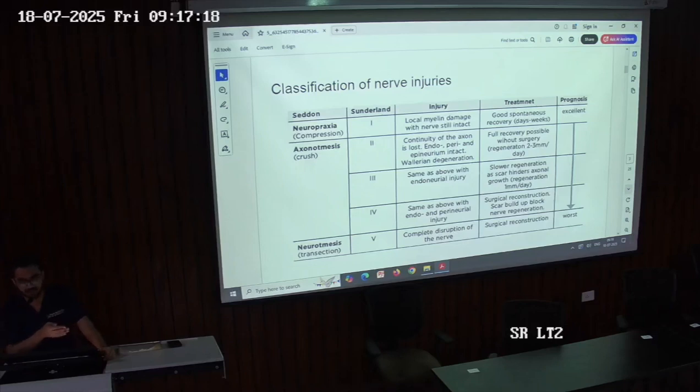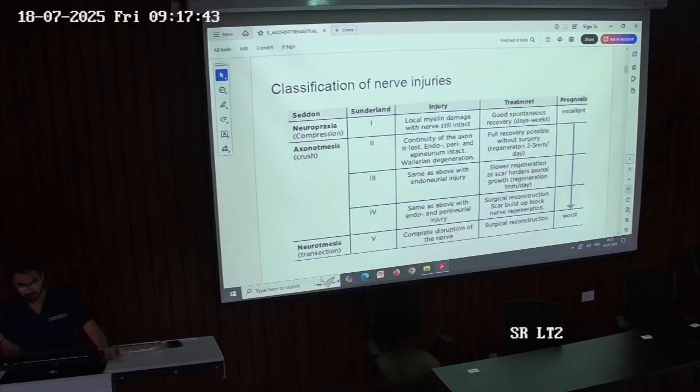The endoneurium, perineurium, and epineurium. When all three layers are intact, then it is grade 2. If the endoneurium is involved, then it will be grade 3, and if both the endoneurium and perineurium are involved, then it will be grade 4.